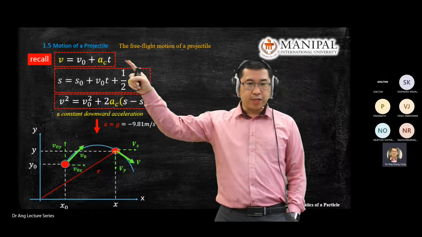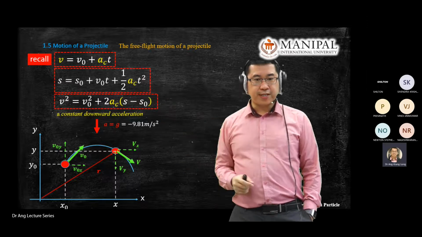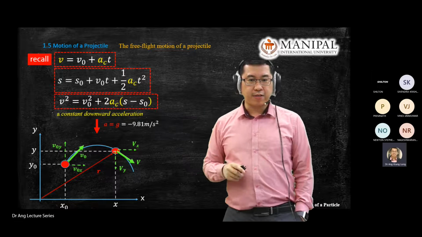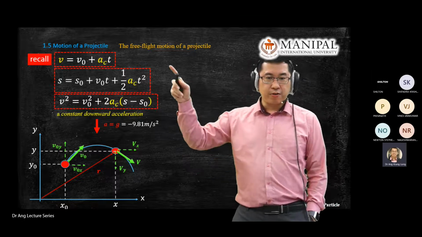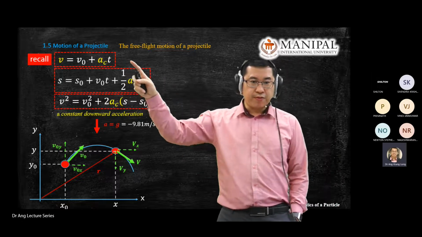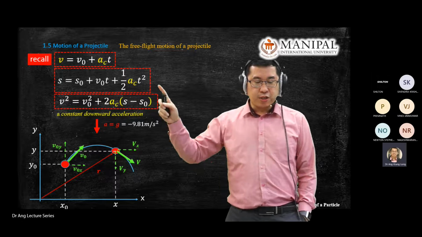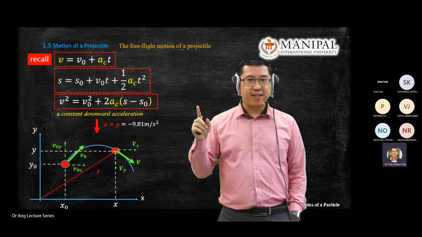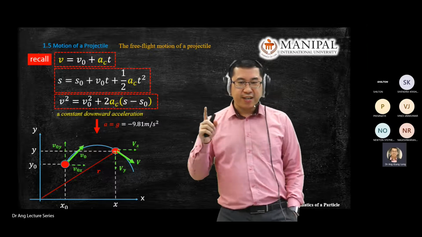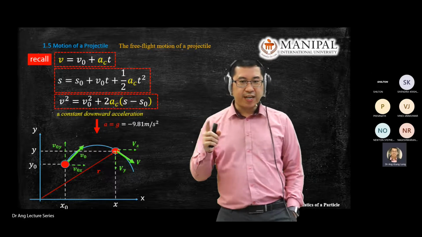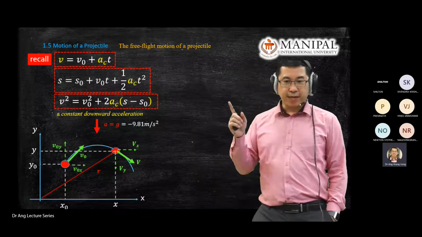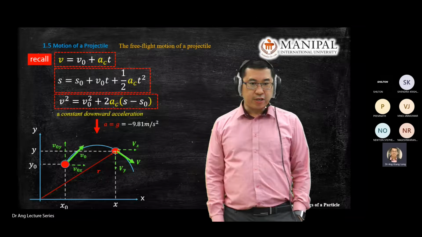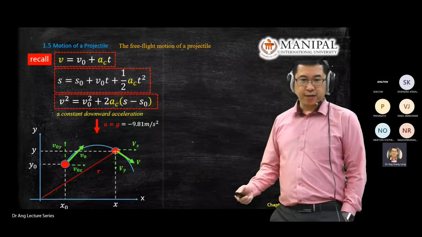More detail about these three was already covered in the previous lecture. If you're interested to know about these three, go back to the previous lecture slides and also the previous video, when we derived the equations using the a-t graph, v-t graph, and s-t graph.